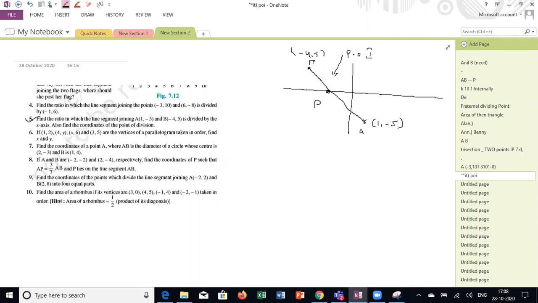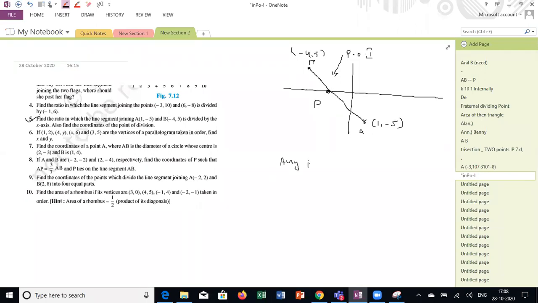He didn't give the ratio also. So the strange thing is that he didn't give the ratio, but he is asking us to find the coordinate. He's asking just what is the P value. Only one clue we have: the point dividing the line AB is on the x-axis.